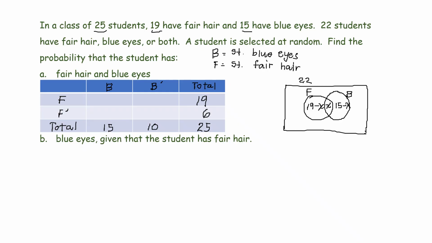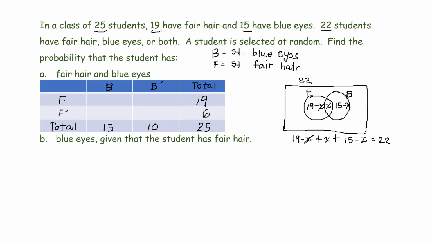So if we add those expressions together, we have 19 minus X plus X plus 15 minus X equals 22, because it says so: 22 students have fair hair, blue eyes, or both. So we can solve for X here.